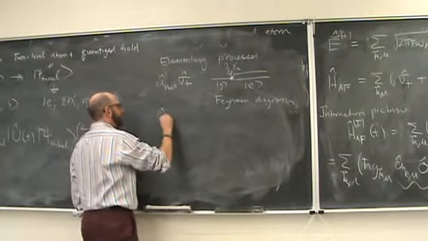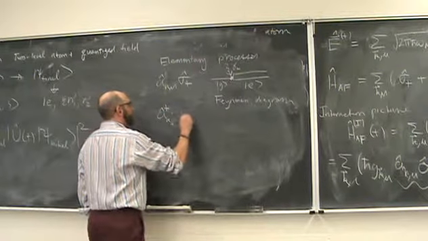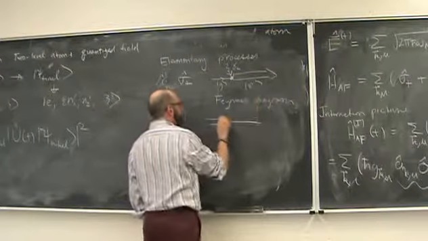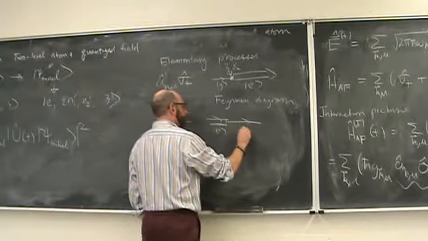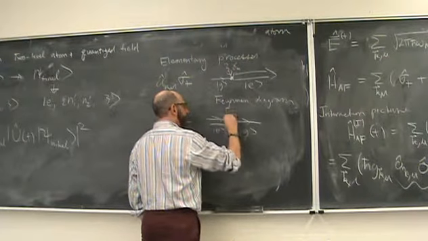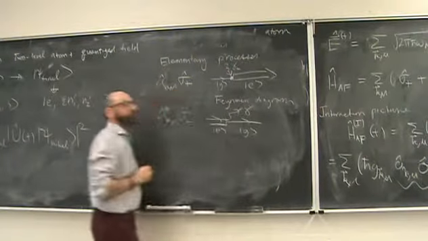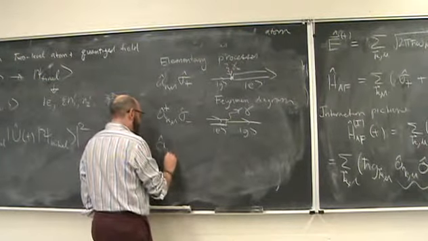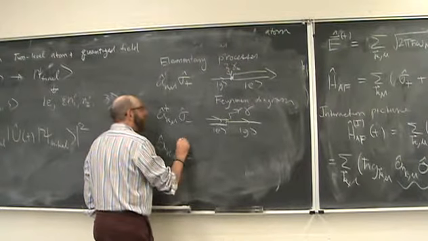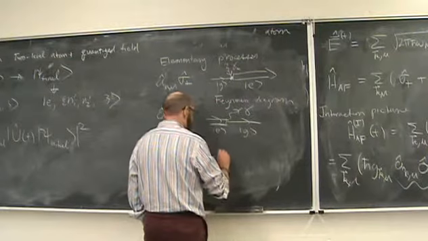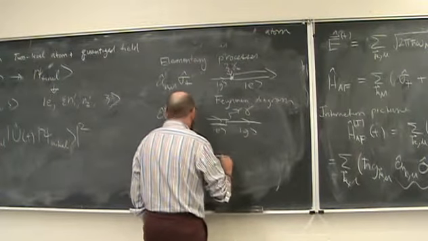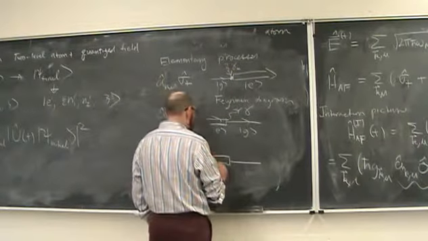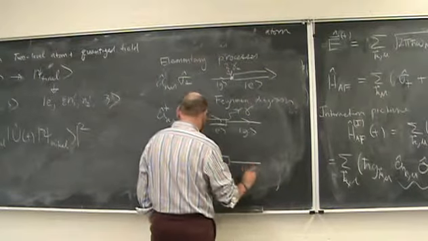Similarly, I could have the opposite, where I create a photon and go from the excited state to the ground state. And this involves emitting a photon. And then we have other elementary processes, processes which correspond to absorbing a photon, but going from the ground state to the excited state.